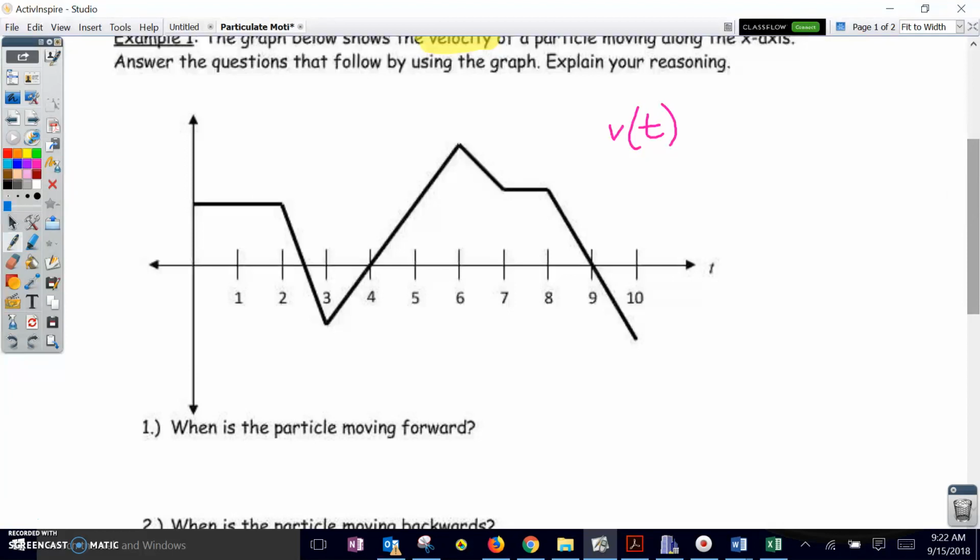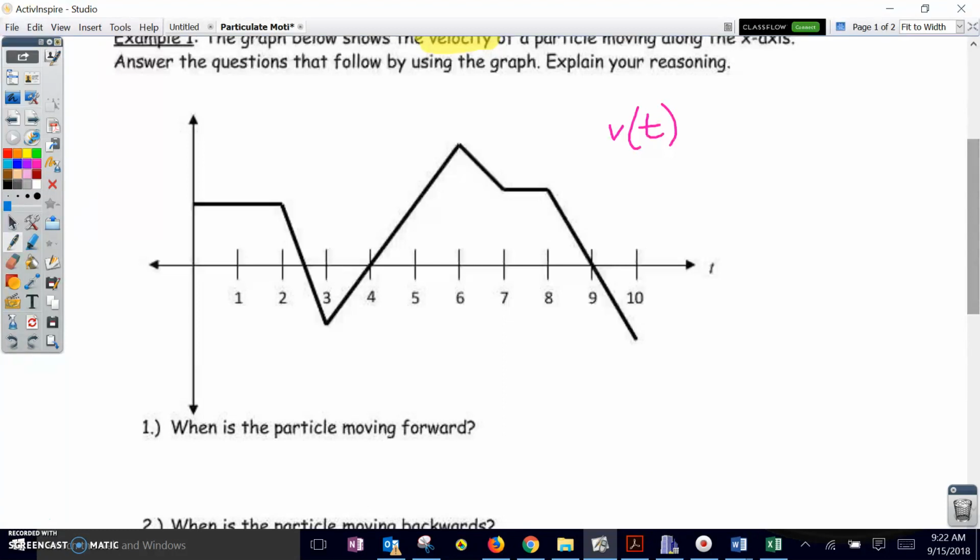When is the particle moving forward? And so we've got this particle that's moving along the x-axis. When we talk about moving forward, that means that it's moving to the right on the x-axis instead of the left. So what happens when the particle is moving forward is that it has a positive velocity. And so we're looking for everywhere on this graph where the velocity is positive, which is above the horizontal axis.